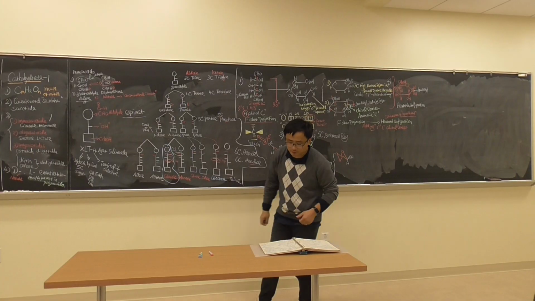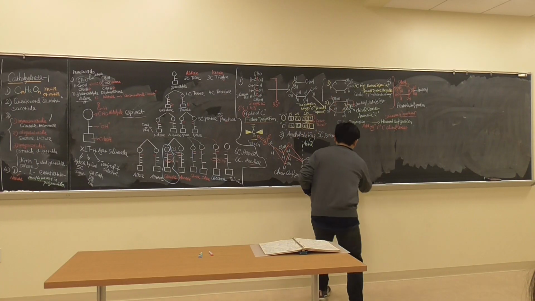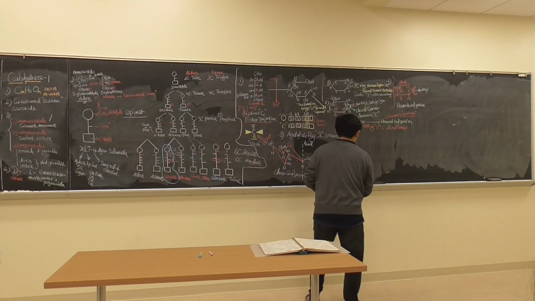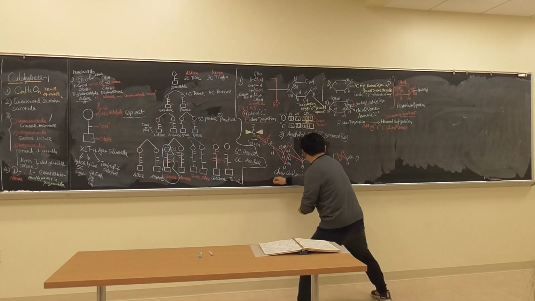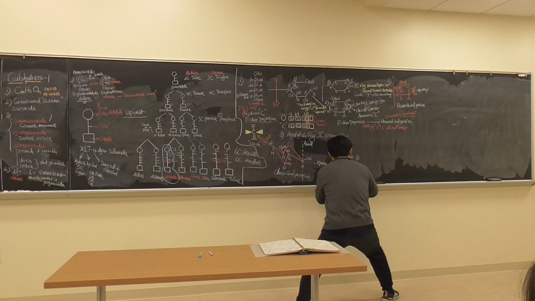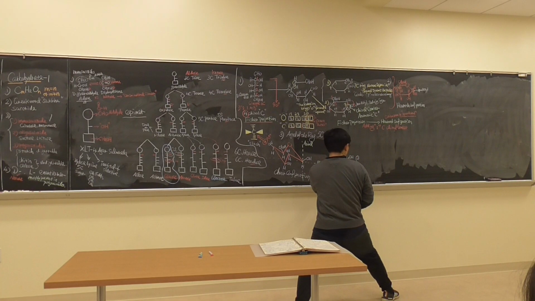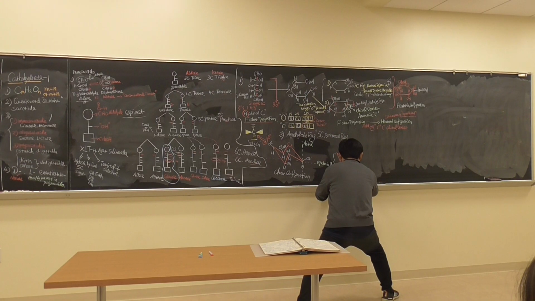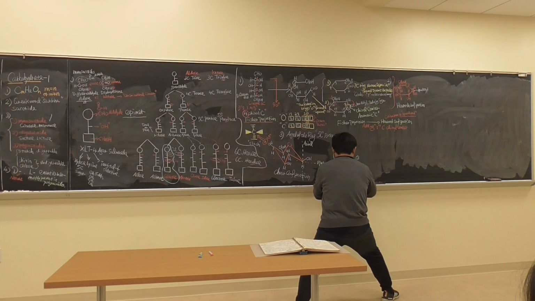on the top, this is called beta. And if it goes to the bottom, it should be straight, okay? If it's equatorial, it's beta. If it's axial, that's alpha.